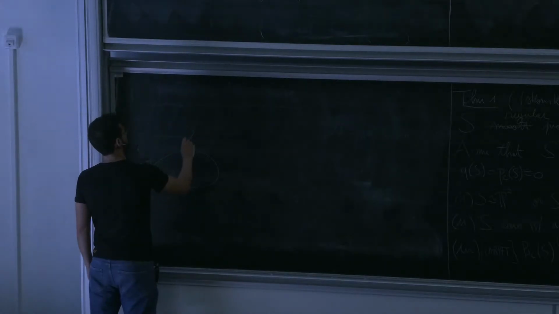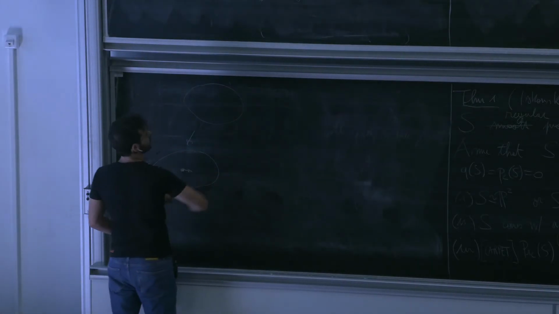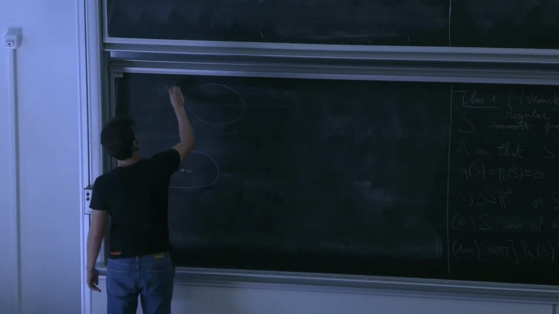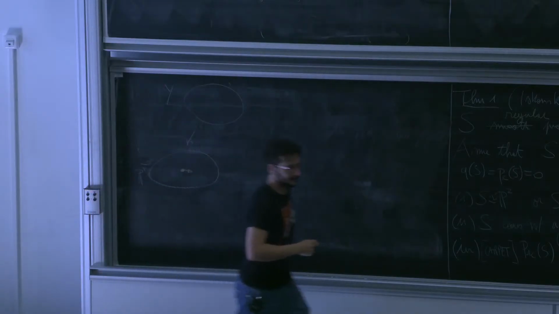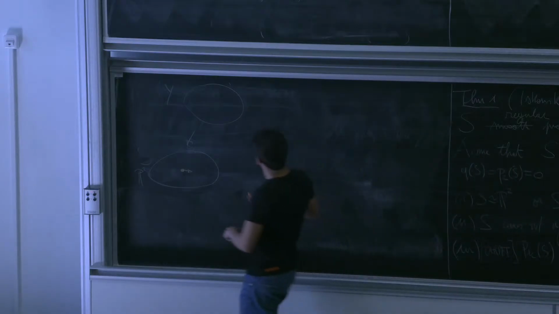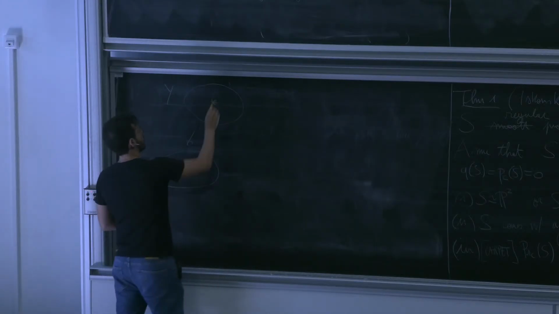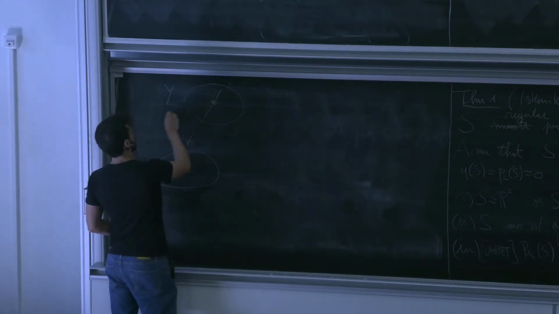Now you blow it up, and you get Y, thanks, Y. And here you have your Gauss singularity with an exceptional divisor. Okay, this is a Gauss singularity.